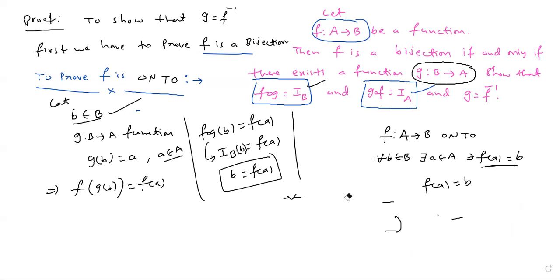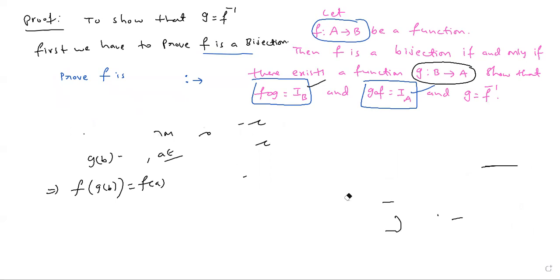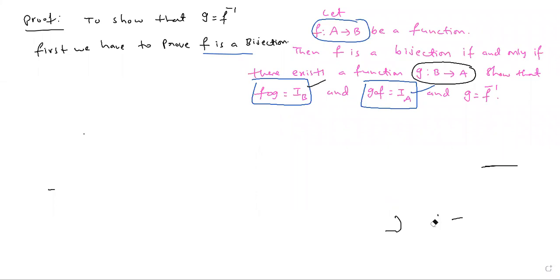Now, F from A to B is one-one and onto, both, so F is a bijection. Clear? What did we prove? F from A to B is both one-one and onto.